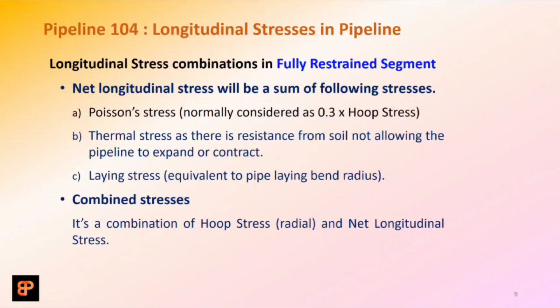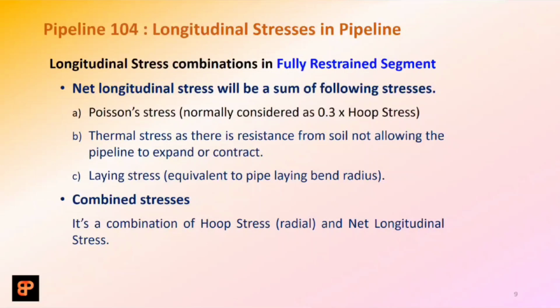I will try to explain Poisson's stress or Poisson's theory in one of the short videos later. Right now you just consider that whenever soil is restricting the movement of the pipe, then the Poisson stress of 30% of hoop stress is going to act in a longitudinal direction.